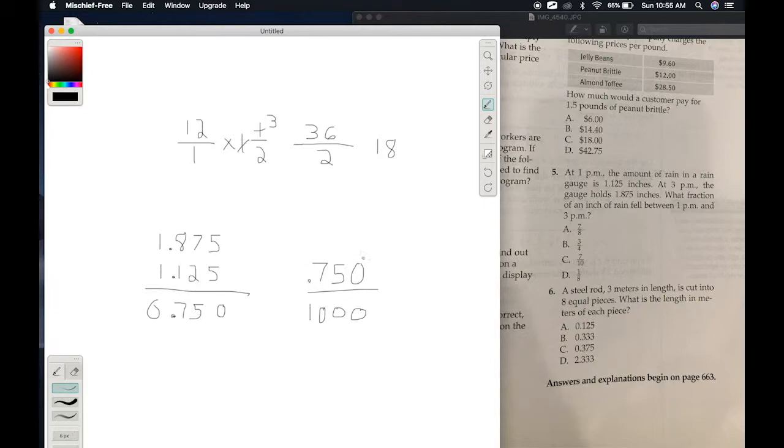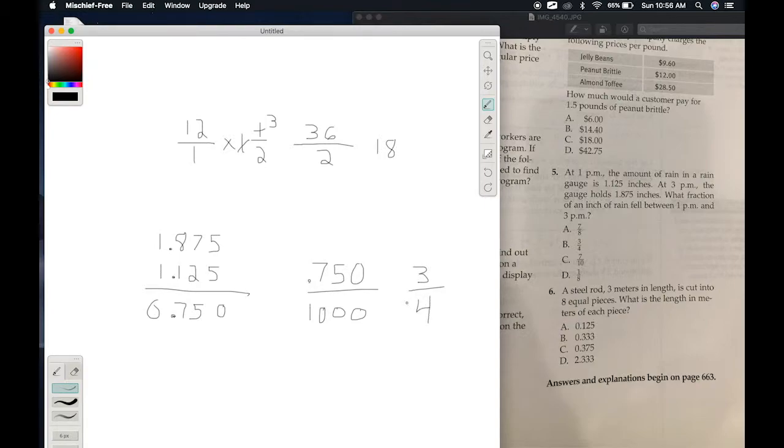since these are quarters pretty much, since it's 250, 500, 750, we know that 250 goes into 750 3 times. We also know that 250 goes into 1,000 4 times.